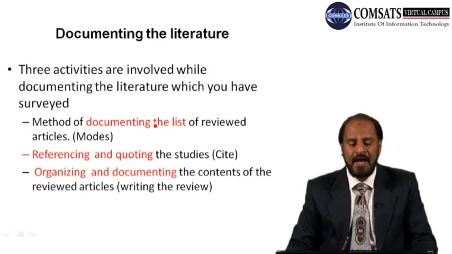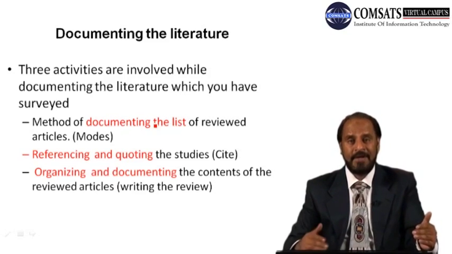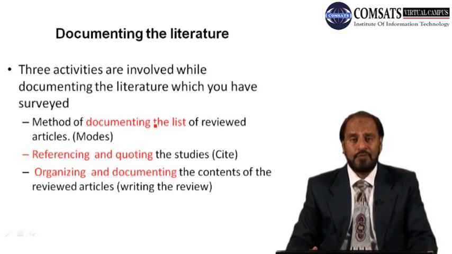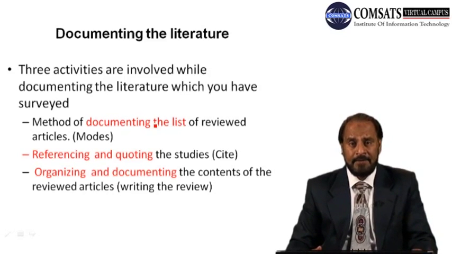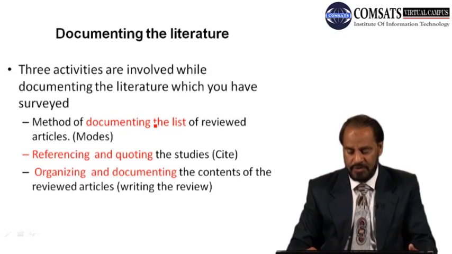The second is how to quote and cite previous authors, and generally what the structure of that review would be, what the flow of that review which you are writing will be. It has to start from somewhere, it has to end somewhere. So you need to follow a certain structure while writing the review. The review also has some kind of structure which needs to be followed.